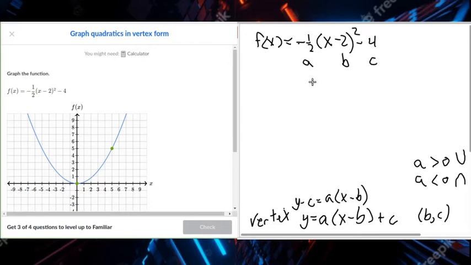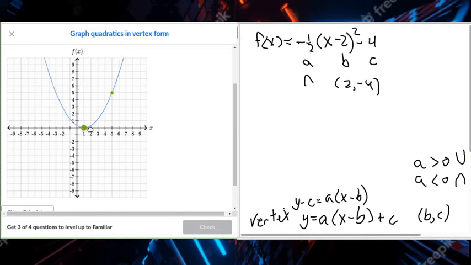So we know this one opens down. We know that the vertex is at 2 comma -4. So that's the first thing I'm going to do, is move my vertex over here to 2, -4.